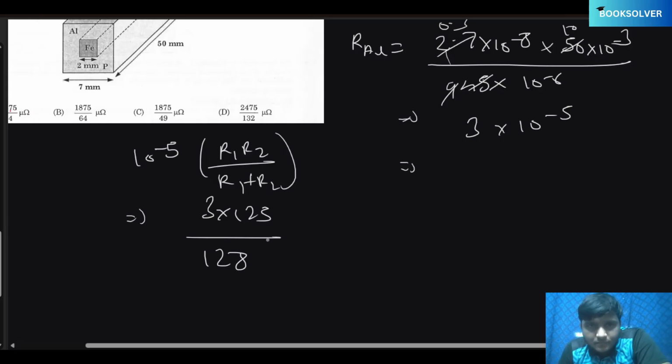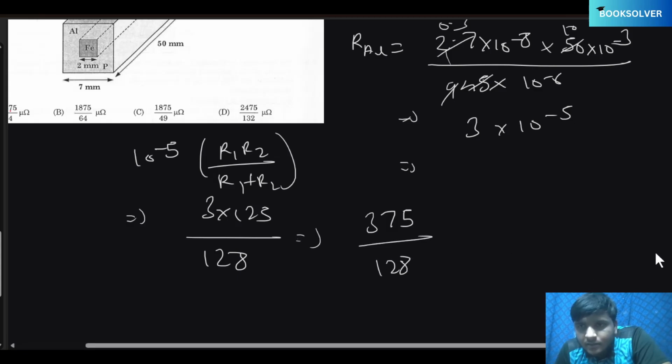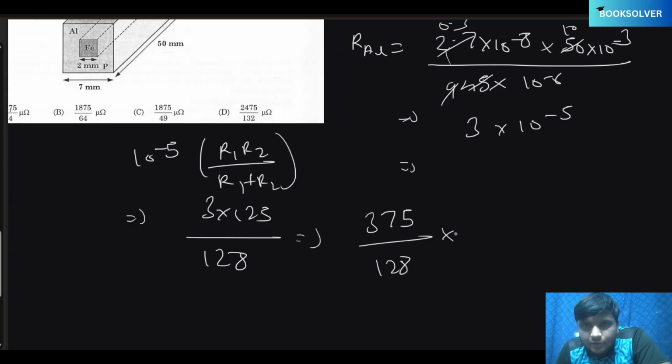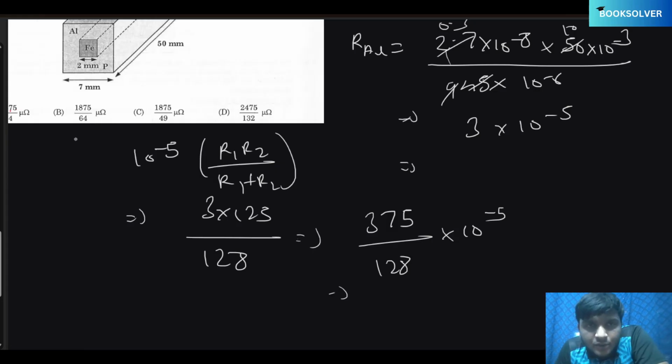Now 125 into 3 is 375 by 128 into 10 to the power minus 5. Since we have to tell it in micro, sorry, mu is 10 to the power minus 6 actually, so we have to convert it to 10 to the power minus 6. So we have to multiply it by 10 here.